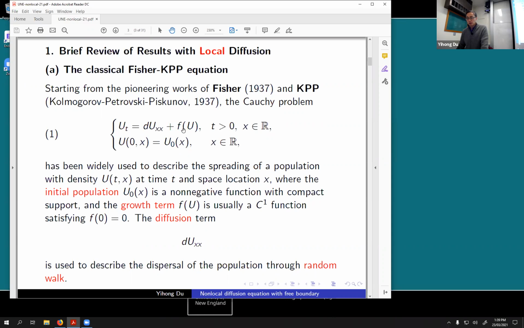parabolic equation. We call it semi-linear because the differential operators are in a linear relation, and this f(u) is in general a nonlinear function. So this kind of equation we usually say is semi-linear. So it is an initial value problem, and the space variable here is in R, so a one-dimensional model.